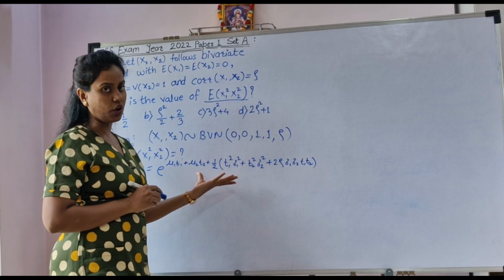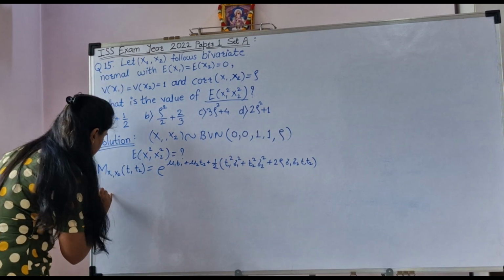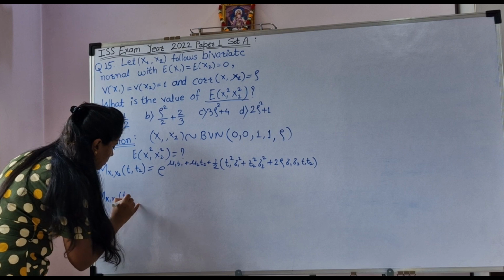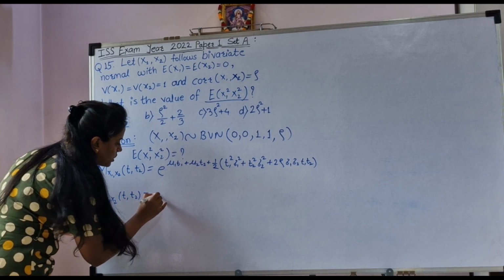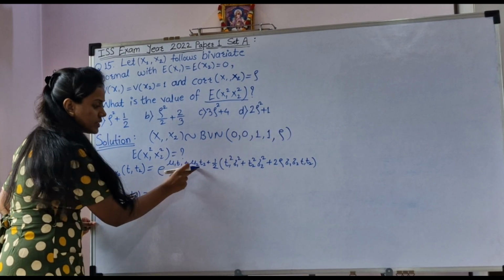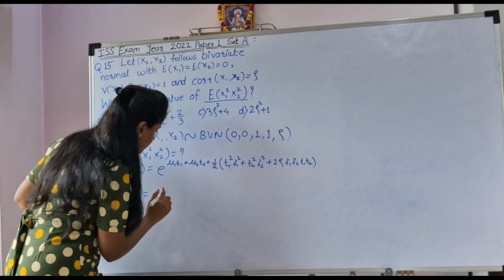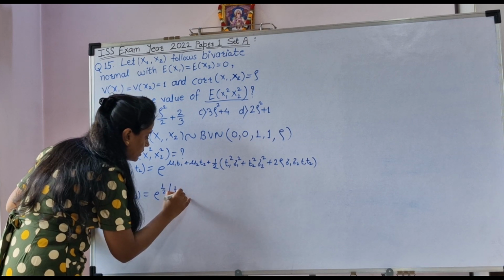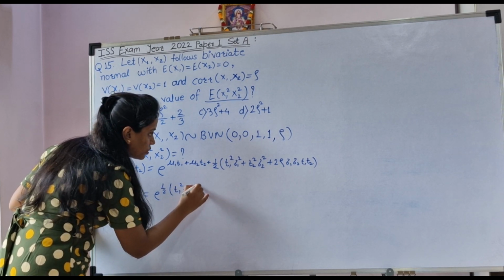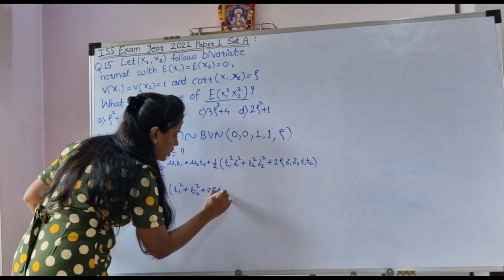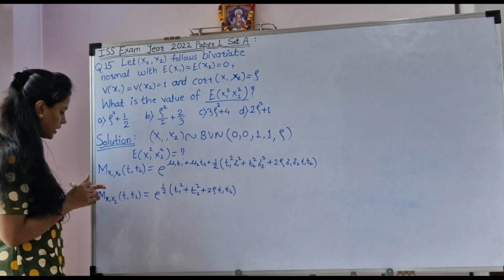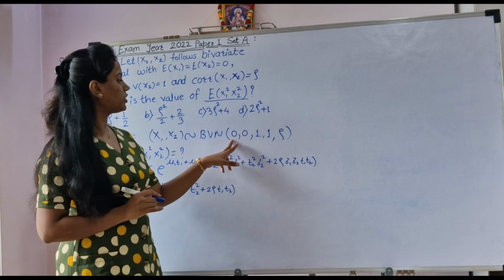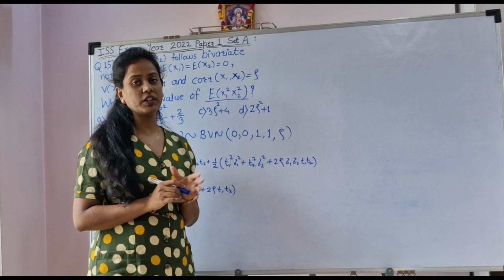So let's put in all these values. We get M X1 X2 (t1, t2) equals e to the power half of t1 square plus t2 square plus 2 rho t1 t2. Now we have the moment generating function for the bivariate normal with parameters 0, 0, 1, 1, rho.